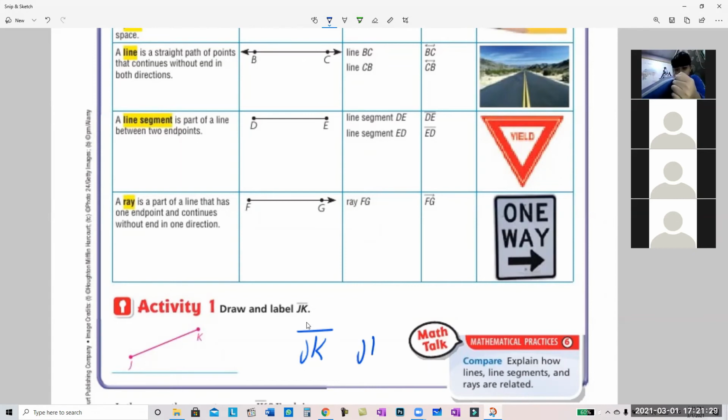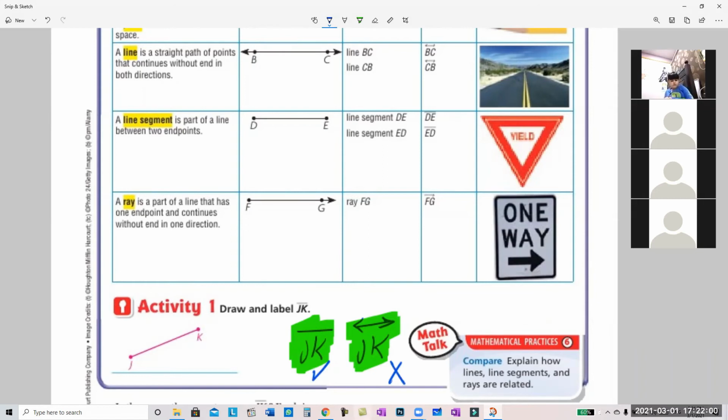But if I write this, what is it called? It's different, right? It will be line JK. But the first one is a line segment, right? But here is line JK. So, Mister, the left one is the right one? Yeah, you have to write this. This is wrong. Okay? Thank you, Mister. You're welcome.